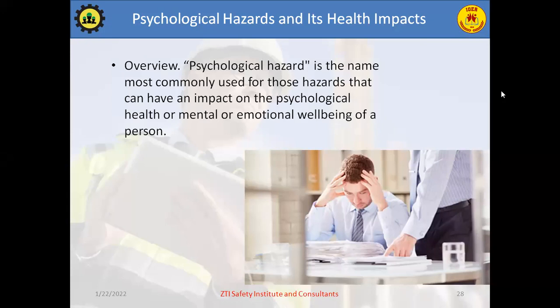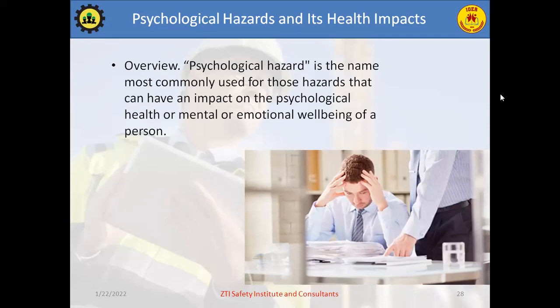It is a fact that it is there in almost every second workplace. Not every job area, not every boss, and not every management is ideal in terms of the workload, in terms of the appreciation given, and in terms of the reward given to the workers for their job.